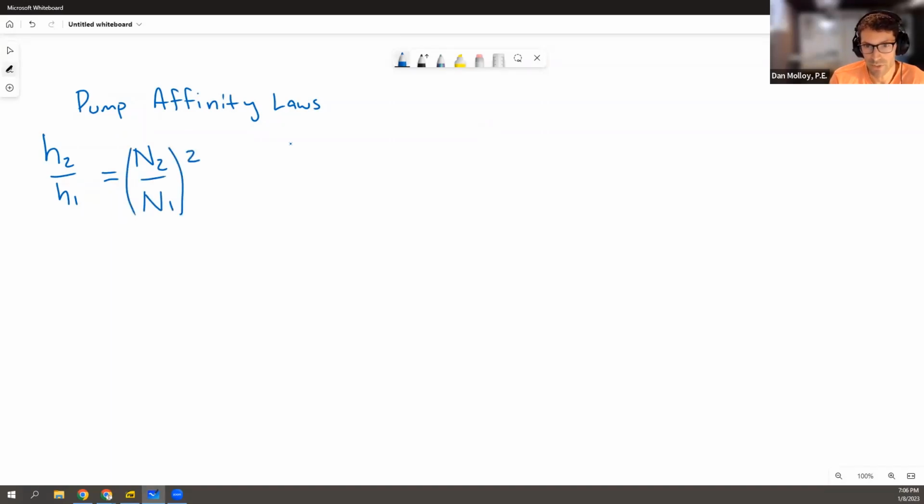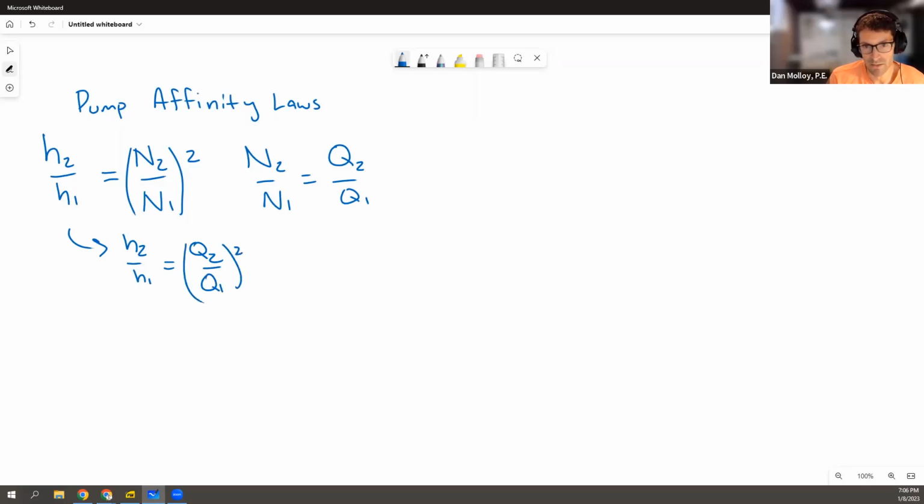And then we have a separate relationship that the speed, N2 to N1, is proportional to the volume flow rate, Q2 to Q1. So we can make that substitution and say that H2 over H1 is Q2 over Q1 squared. So nothing surprising there. It's just saying that the ratio of the pressure is the square of the ratio of the volume flow rate.